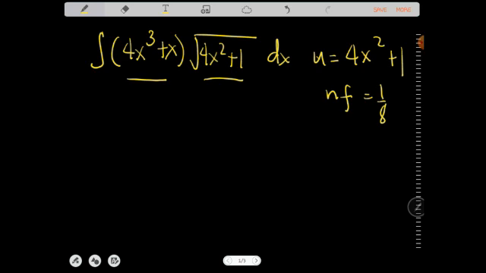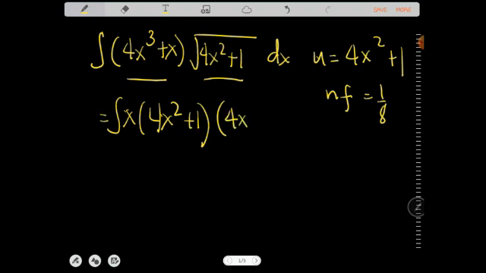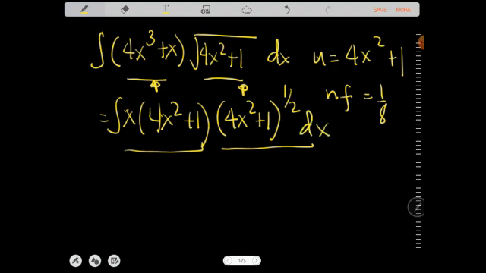Okay? So simplifying the equation, this will give us the integral x times the quantity 4x squared plus 1, times 4x squared plus 1 raised to 1/2. Ito ay para dito at ito ay para dyan. Okay? And do not forget the dx at the end. Okay? So kapag nag-multiply ka dyan, distributive property, lalabas ito nasa taas.